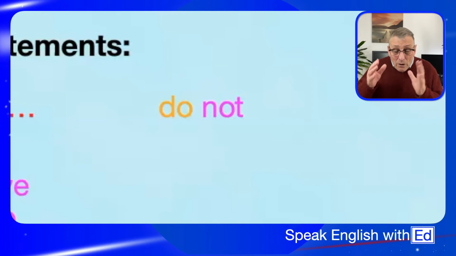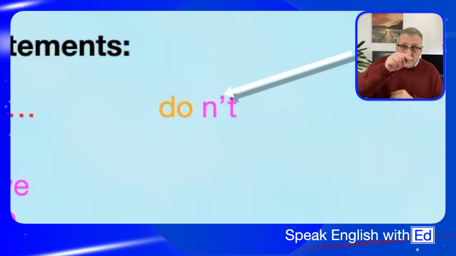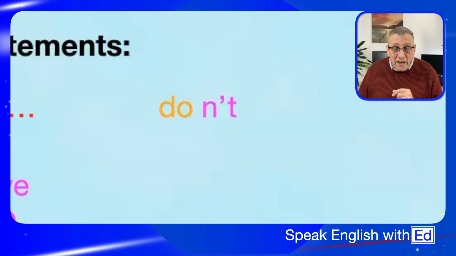Now, don't is a contraction of do not, and it's made by removing the O. You get rid of the O and you replace it with an apostrophe. That's the little curly mark at the top that we see there. It's called an apostrophe. We refer to it as an apostrophe T.